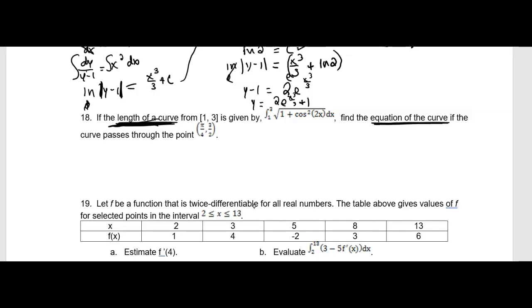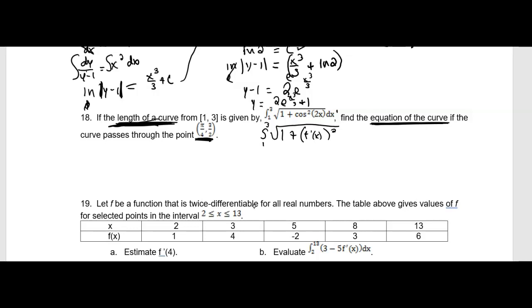And then I want you to find the equation of the curve. So we don't want a line tangent to the curve. We want to know the actual equation of this curve. And the curve passes through this point. So first and foremost, we've got to recognize the length of a curve is given by 1 plus your derivative squared.